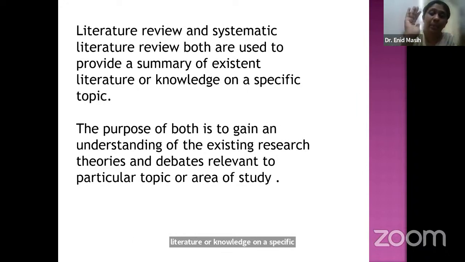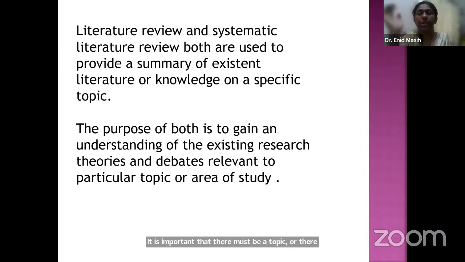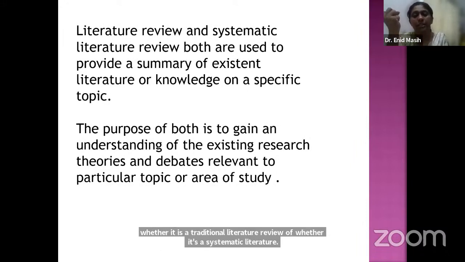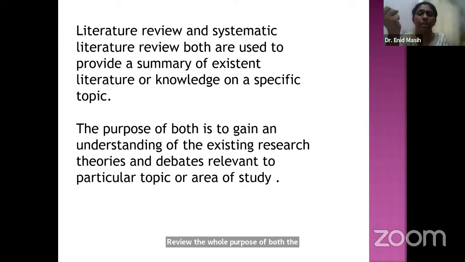It is important that there be a topic or a problem on which we want to do research. So whether it is a traditional literature review or a systematic literature review, the whole purpose of both types is to provide a summary of the existent literature which is already available.